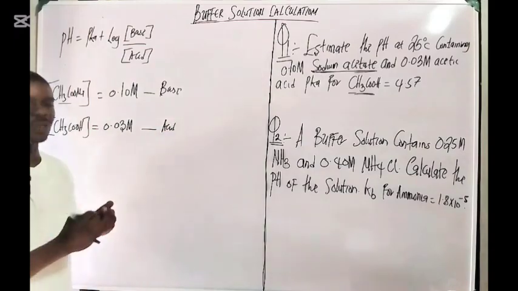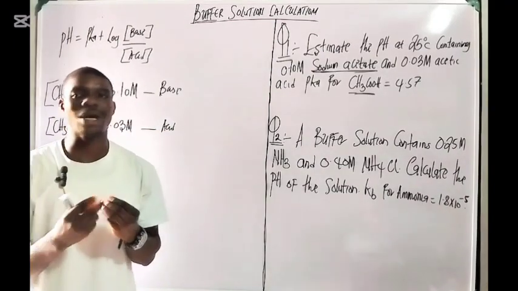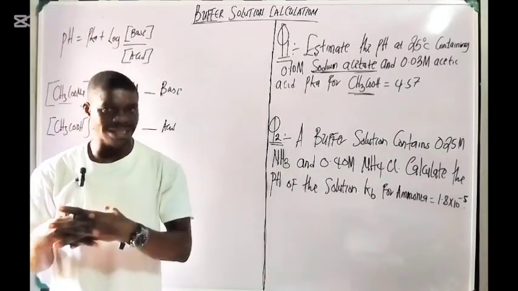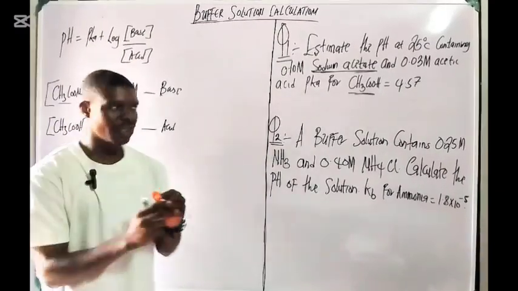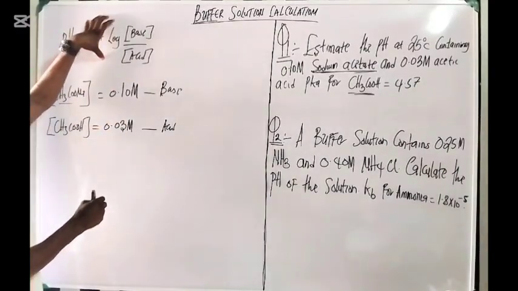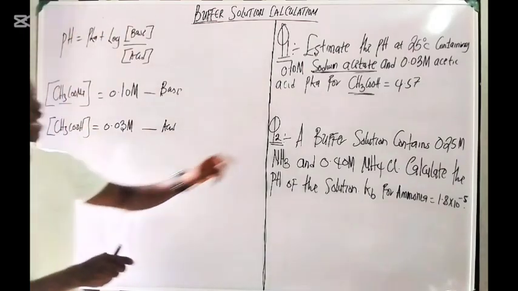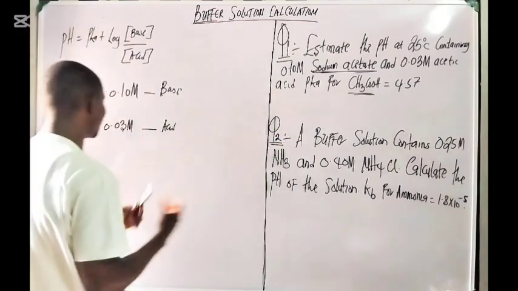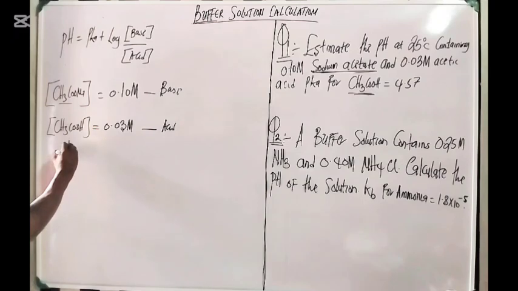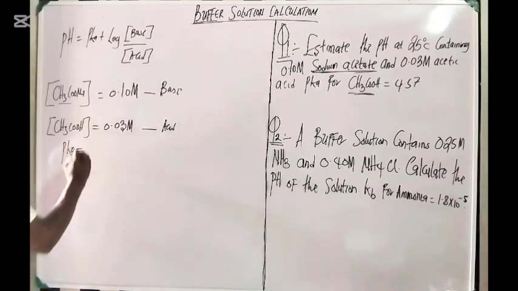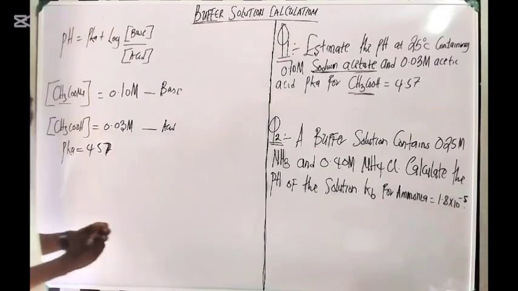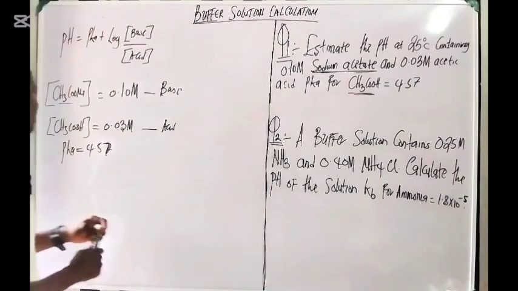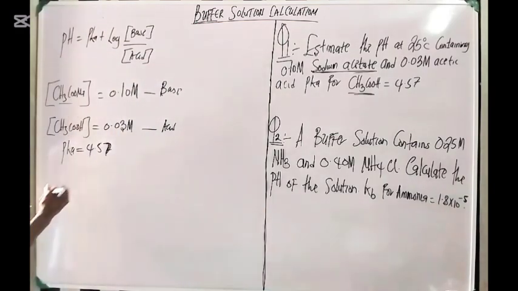When the question is given to you, your first mission is to identify which one is the base and which one is the acid. Once you are able to identify them, it is not difficult to solve this question. Here they gave us the pKa of the acid, which is 4.57. With this, they want you to estimate the pH.